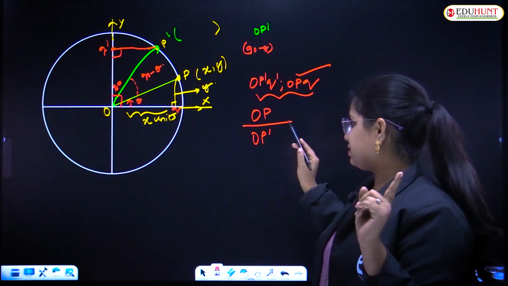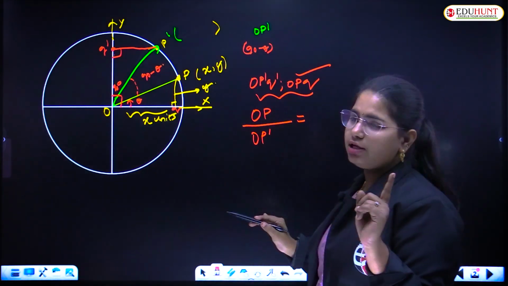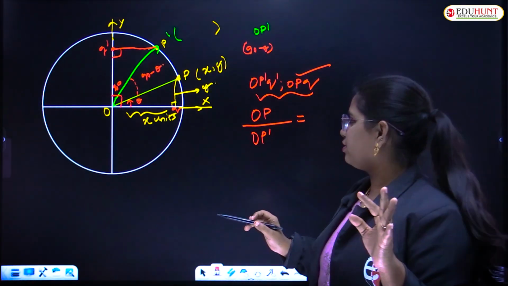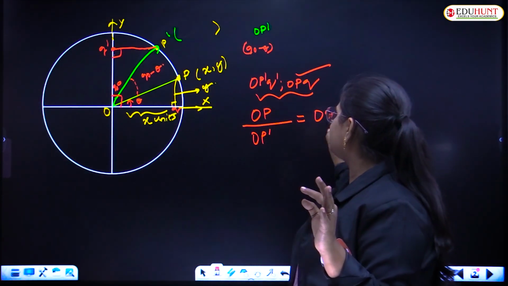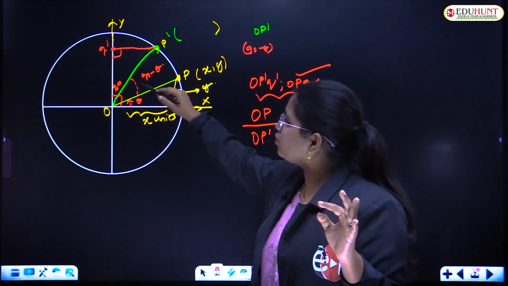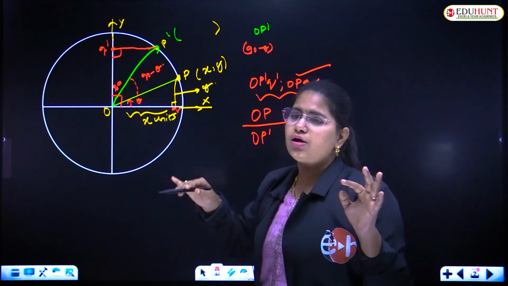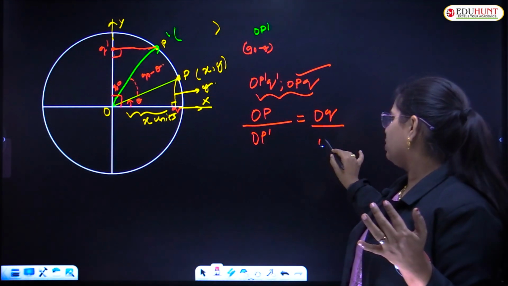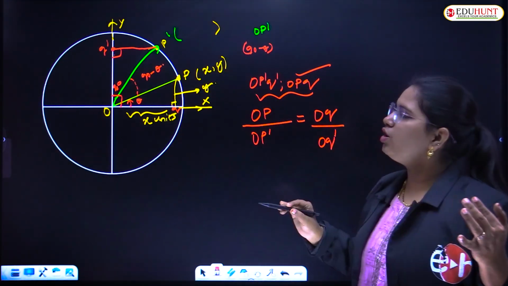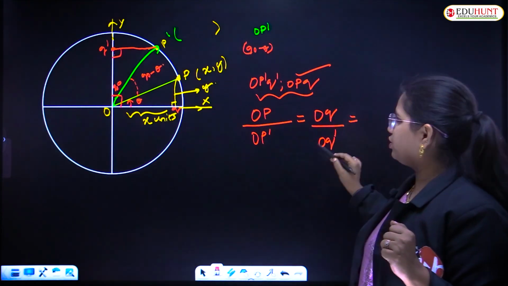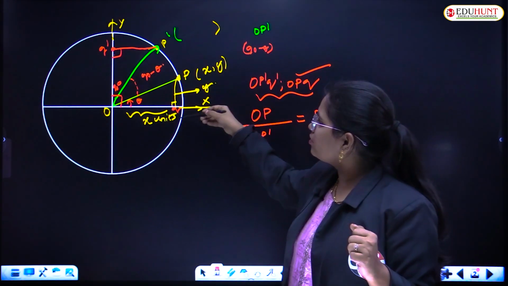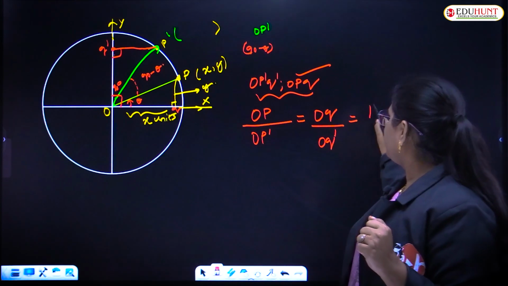Yes. Next, what can I do? That will be equal to which part? OQ is your adjacent side, which is equal to, what is the adjacent side of this figure? OQ dash. Correct. Which is also equal to, what is the vertical side? Which is PQ.